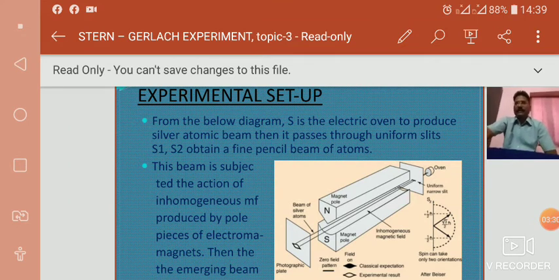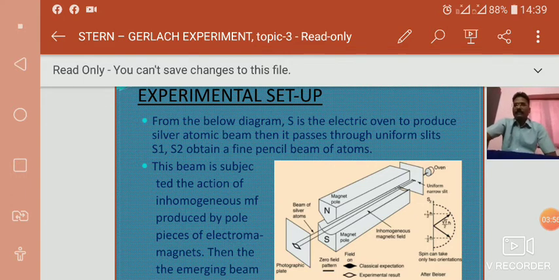How can we explain the Stern-Gerlach experimental setup? It is very clear from the diagram below. S is an electric oven to produce a silver atomic beam. It then passes through slits S1 and S2 to obtain a fine pencil beam of atoms.